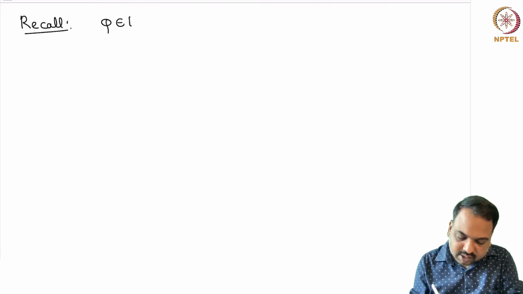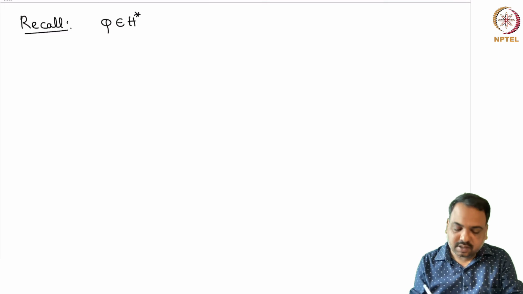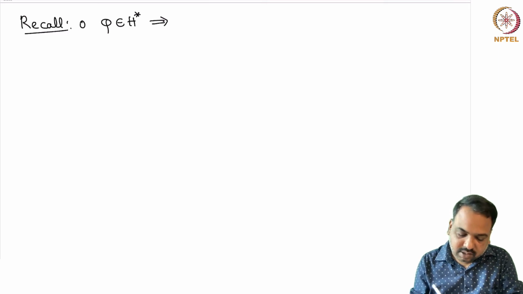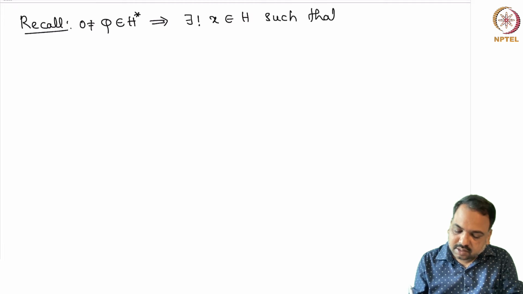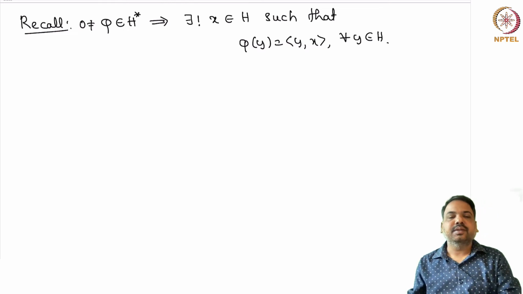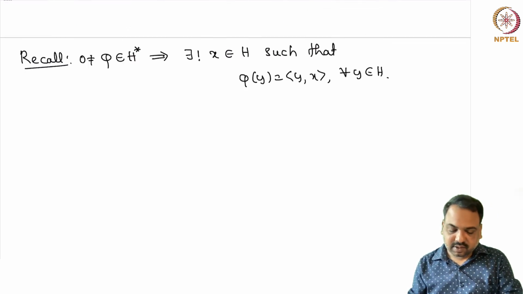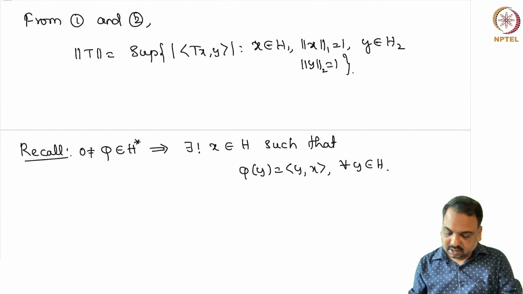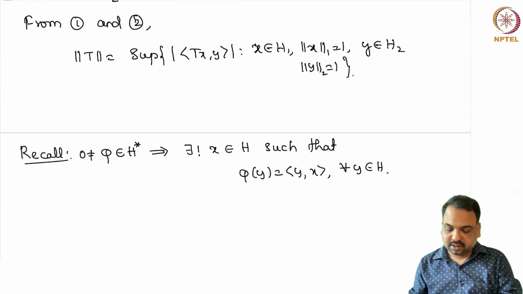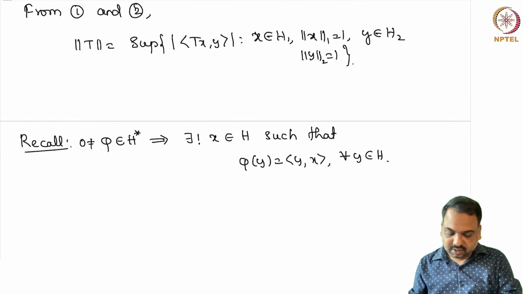If phi is in H star, where H is a Hilbert space, and phi is non-zero, there exists a unique element x in H such that phi of y is the inner product of y with x for every y in H. That means every bounded linear functional on a Hilbert space is given by this; it is represented by a unique vector.